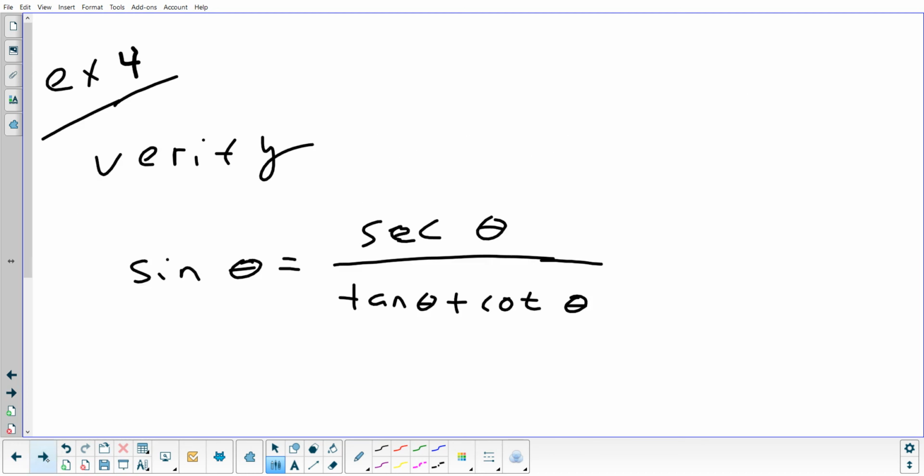There's another kind of problem we'll do in a little bit, called verify. With verify, they give you something to start with, and they tell you what it's going to simplify to. So you know you're done when you take this side and turn it into this side. It's like knowing the answer ahead of time, so that's why I think verify is a little easier.